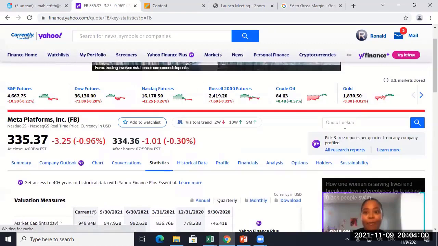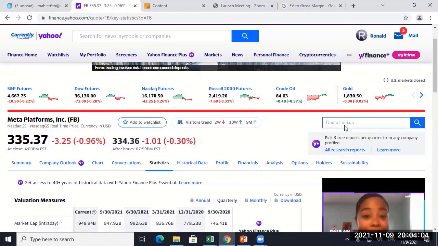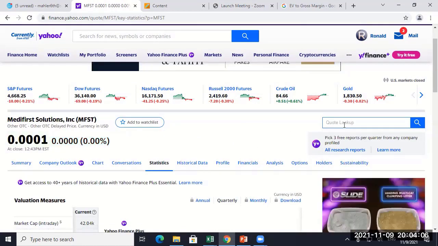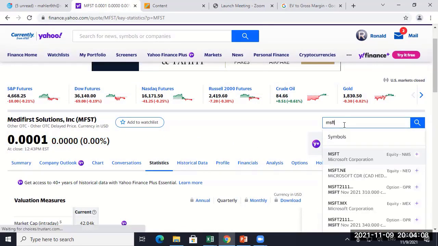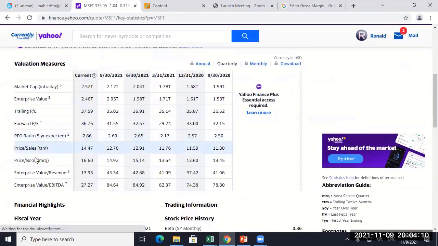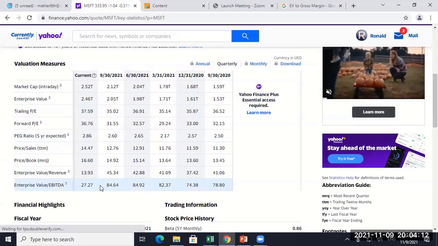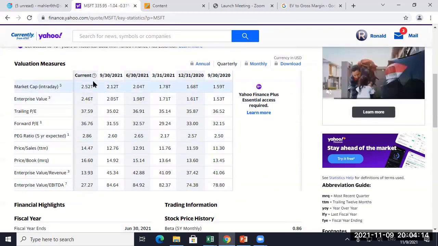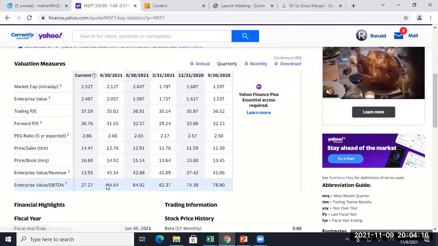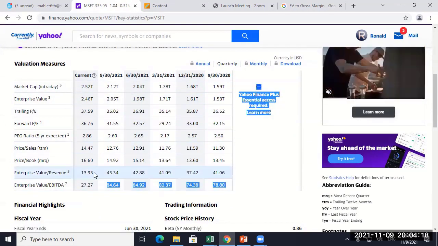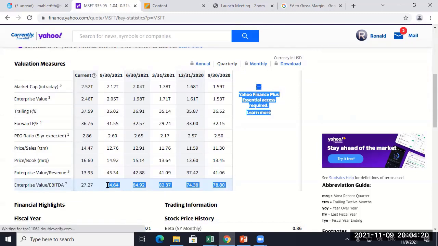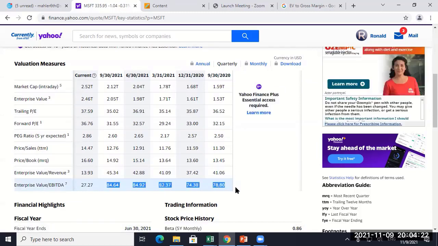So let me find a more normal company. Let's do Microsoft. No, I can never get Microsoft. There's another company real similar. All right, so EV to EBITDA. Yeah, I don't know what this current means. Is there a Yahoo Finance error going on here? These numbers don't make sense whatsoever.